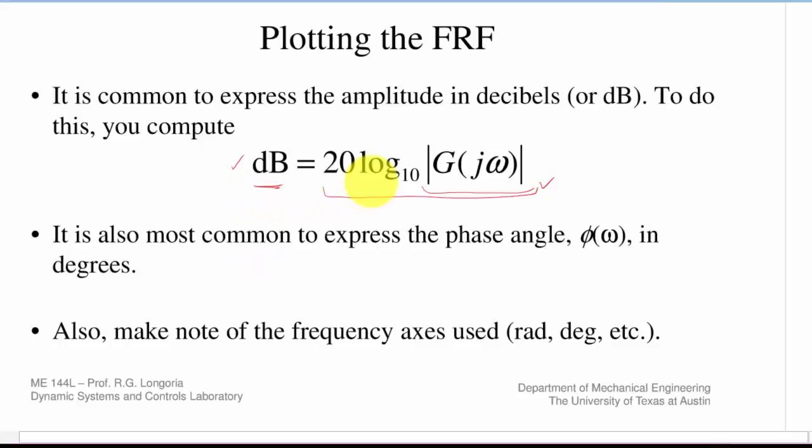But this is how you convert to decibels. Also, the phase angle is usually plotted in degrees. Also make note that the frequency sometimes may be in radians per second. Sometimes you might see hertz. I put degrees here, and I meant radians per second.